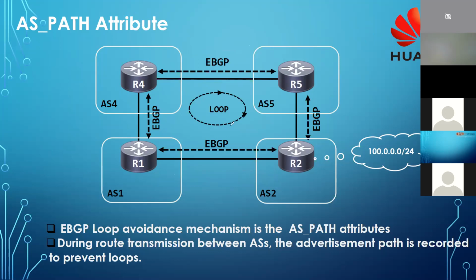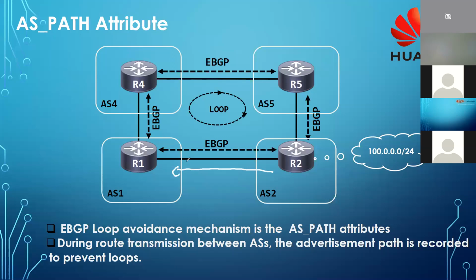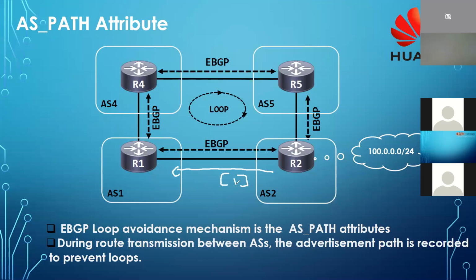So this is the solution. The inventor of BGP said that when I send the update, I will record the AS where the update came from. So in this case, R2 will put 2 in the AS path attribute, because it's its AS number. When R1 receives the update, inside the autonomous system the path attribute will not change.